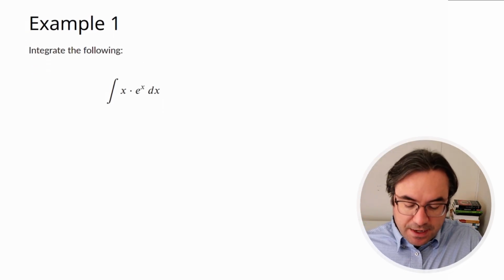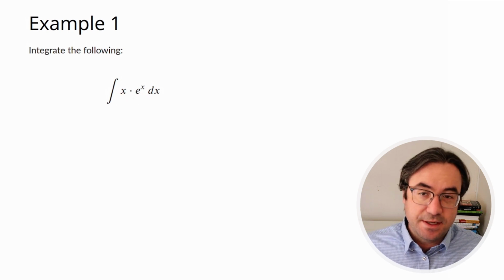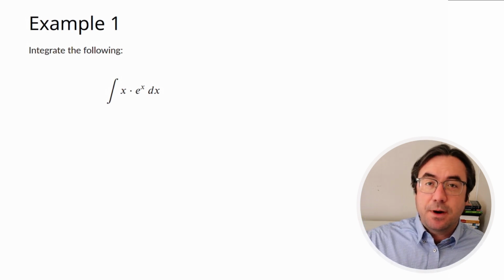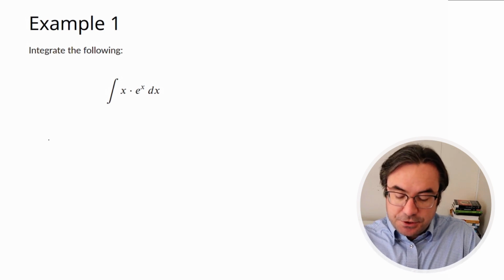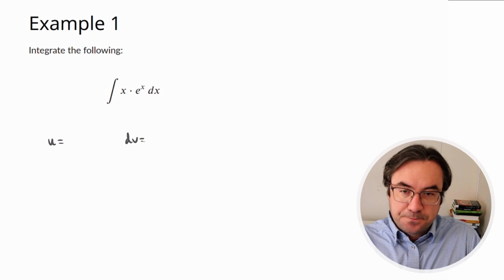Example 1. We've got this function x times e to the x dx. We want to integrate this thing, and we're going to use this integration by parts technique. So the first step is we have to choose u, and we have to choose dv.